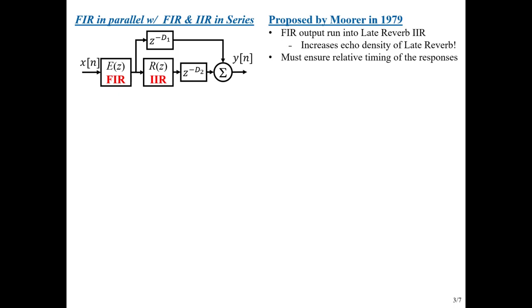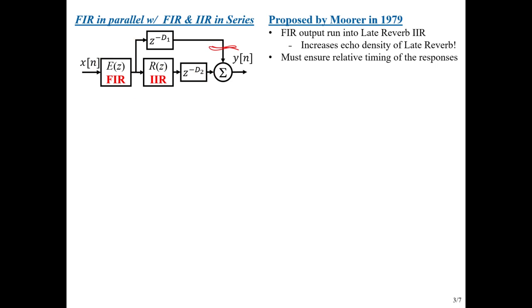Well, he said, let's take this FIR. We can build that just like we had before, so that the stuff coming out here will be the early delay, or I'm sorry, the early reverb, the early echoes. And then we can adjust this D1 and D2 to make sure that whatever's coming out of here will start right when the early echoes coming here end.